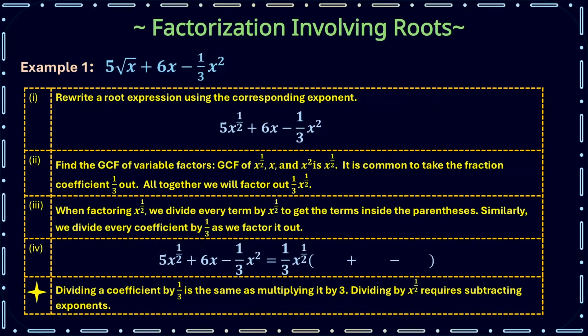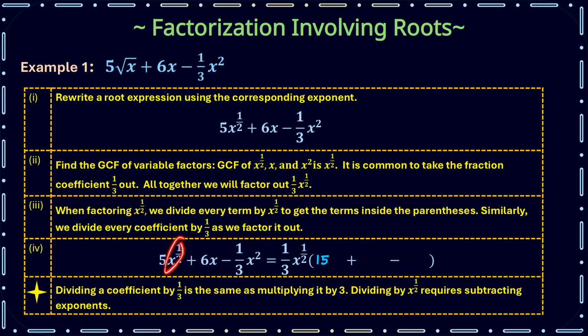So keep these two rules in mind, and let's just go ahead and factorize this expression. Again, we're taking out the fraction 1/3 and x to the lowest exponent, x to the 1/2. So to see what goes here, we are going to take 5 and again multiply by 3. That gives us 15. So for the coefficient, we are going to write down 15.